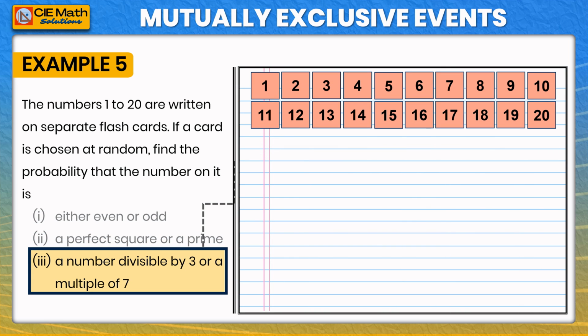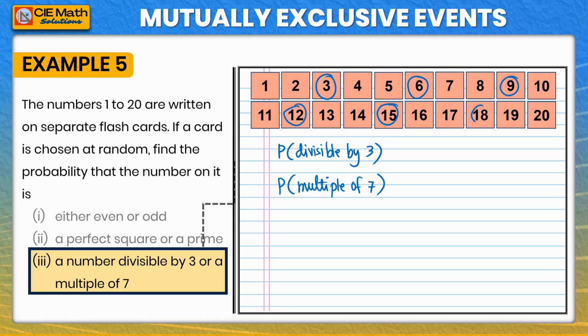So if you will write down the probabilities, the probability that it is divisible by 3, and then the probability that it is a multiple of 7. Now, let's identify first the numbers that are divisible by 3. We have 3, 6, 9, 12, 15, 18.